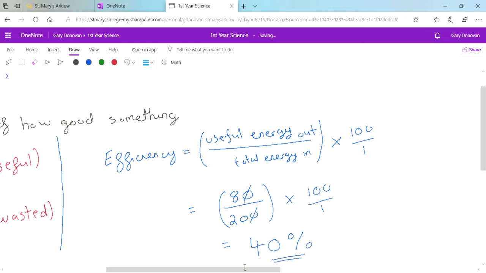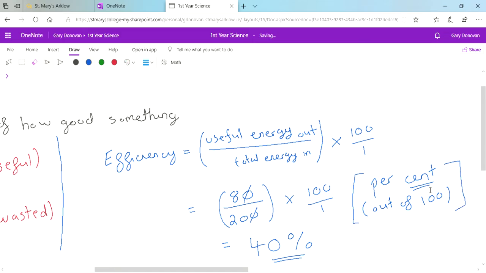Well, what does percent mean? Percent, you hopefully know already, means out of 100. A cent, there is 100 cent in a euro. A century is 100 years.